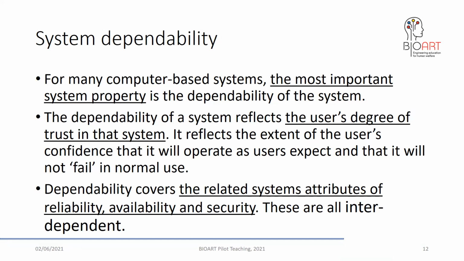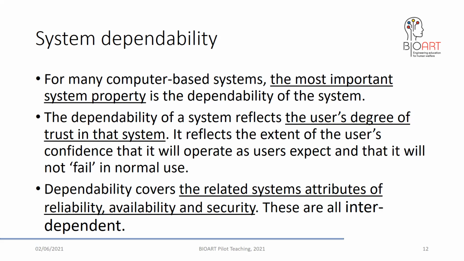And first of all, we will look at the term dependability from the point of view of a system, not concretely of IoT or something like this. Dependability of a system reflects the user's degree of trust in that system.